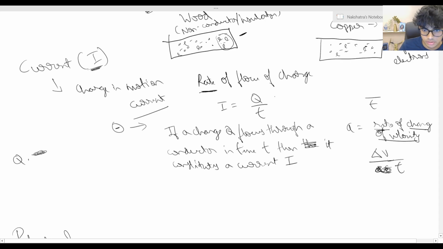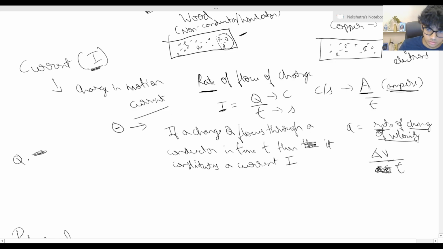The SI unit of current will be the SI unit of charge, which is coulomb, upon the SI unit of time, which is second. So we can say C upon second, right? And this is what we call ampere. So the SI unit of current is represented by A and it is called ampere. Simple.